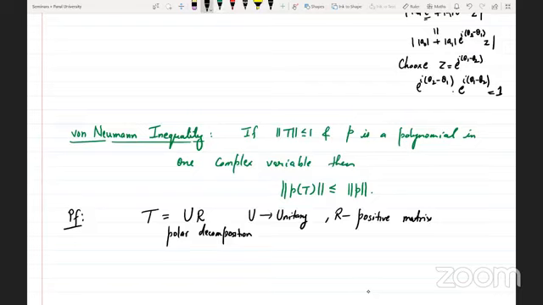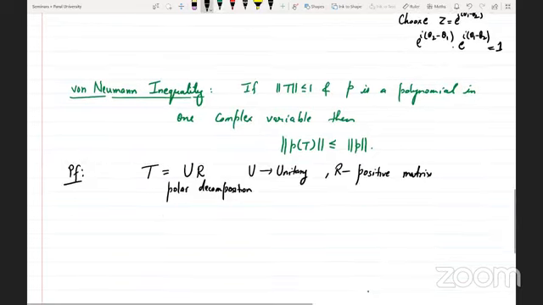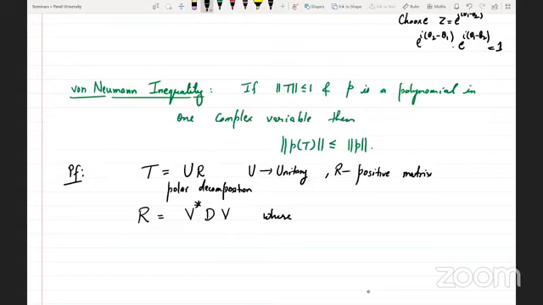So you have a unitary and a positive matrix R. Now the second result is, whenever you have a positive matrix over the complex field, you can diagonalize it using a unitary. So R can be written as V star dV, where V is again a unitary, so V star is basically V inverse, and D is a diagonal operator.